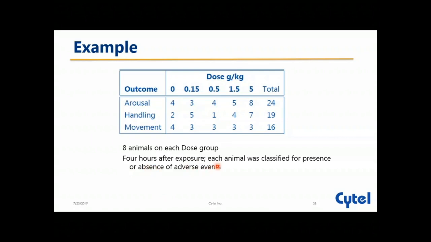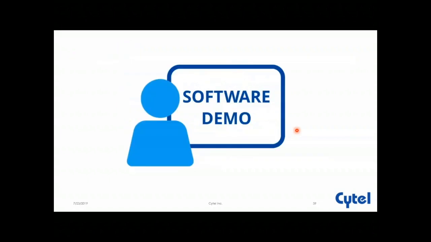Four hours after exposure, each animal was classified for presence or absence of adverse events, and the data is displayed here. For this particular demo, I have considered only 2 levels, the lowest, level 0, and the highest, level 5. Let's see how StatExact will help us in getting the combined or overall effect.